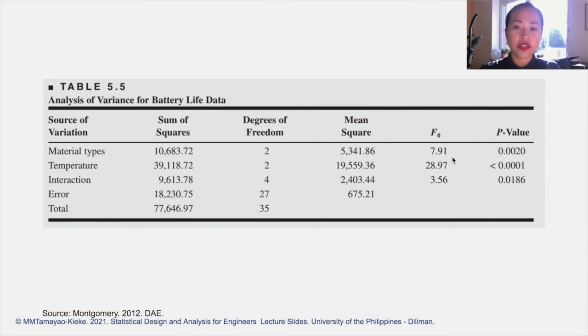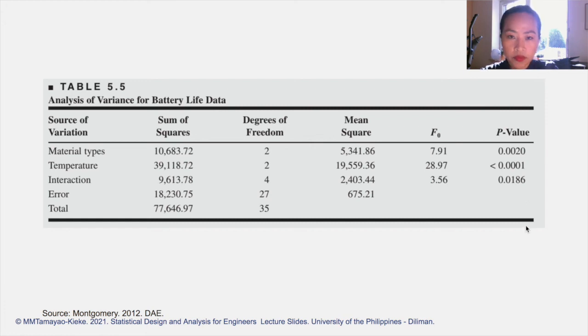Similarly, for interaction, F at 0.05 with degrees of freedom 4 and 27 is equal to 2.73, and compared to 3.56, this is smaller, which means that interaction is also significant, and this is supported by the very low p-values.